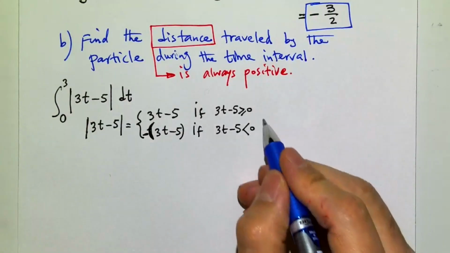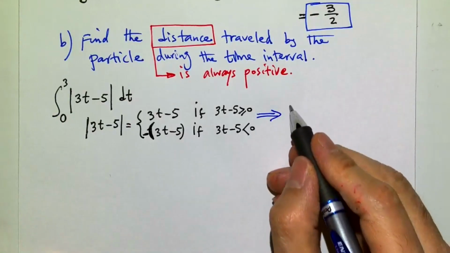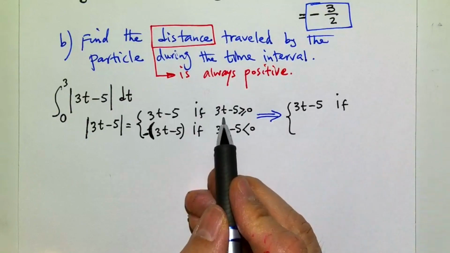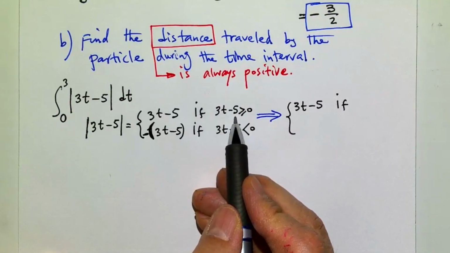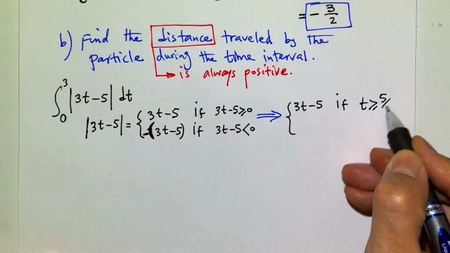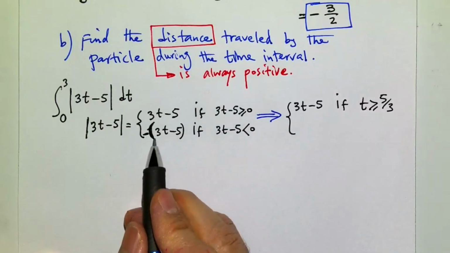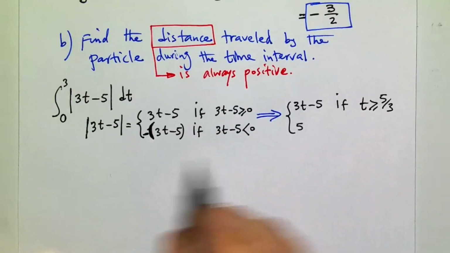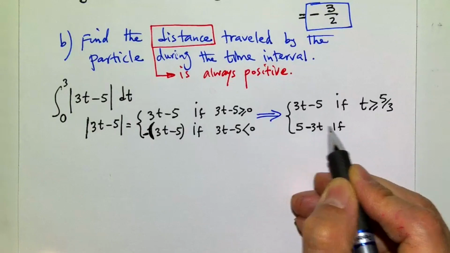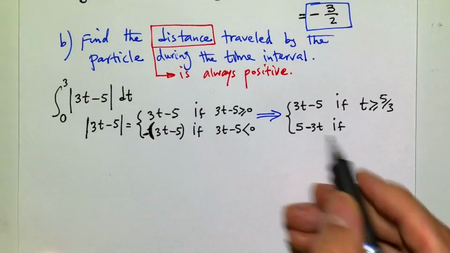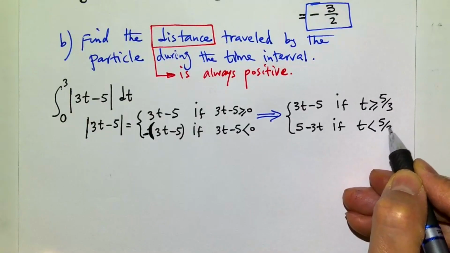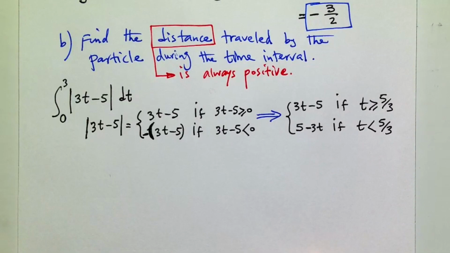So of course that will lead to this result. We have 3t minus 5 if, solving for t from this inequality, we get t greater than or equal to 5 over 3. And for this one, let's distribute the negative. We get positive 5 minus 3t as our expression inside the integral if t is less than 5 over 3. Okay?